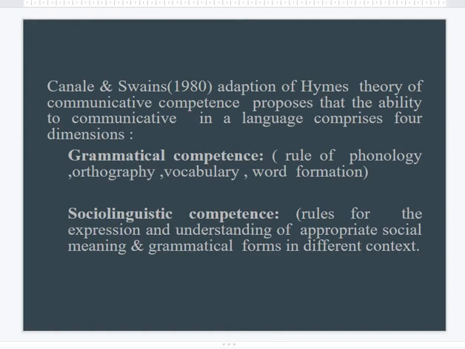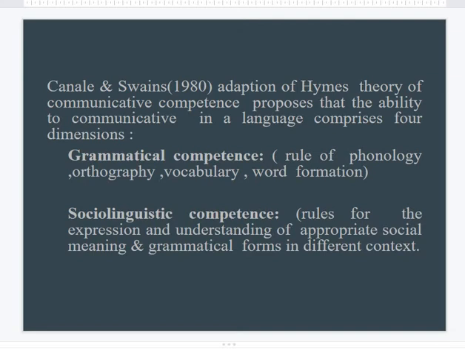It means the rules of arrangement and spelling of particular words, along with vocabulary and word formation. So according to Canale and Swain, the first dimension of communicative competence is grammatical competence, which includes the rules of phonology, orthography, vocabulary, and word formation.